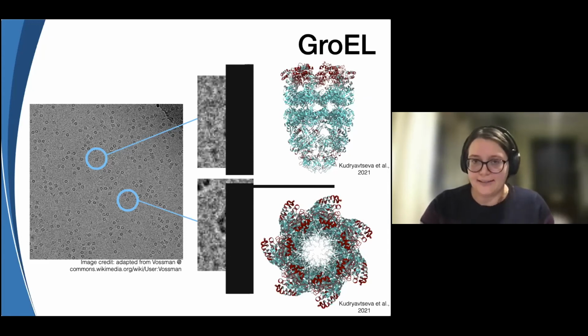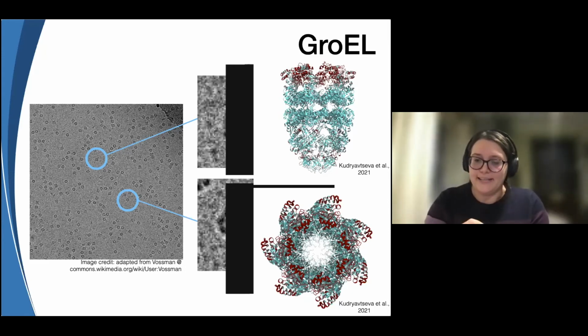Now, GroEL is actually a really cool little protein because it's found in bacteria, and it's involved in all kinds of folding of other proteins. So its role is really to help other macromolecules fold into the right shape so that they've got the right structure to go on and do their jobs. And it works in combination with another protein called GroES, which sits on the top of this little tube like a hat.